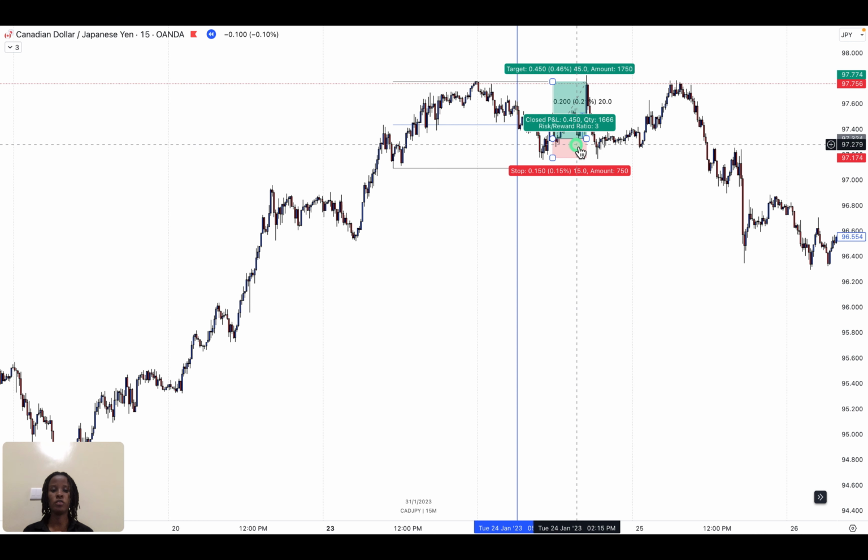So what I will do is first backtest CADJPY January, February, in all the 12 months. Then after, I go to another pair, which is AUDCAD. I will also backtest that.